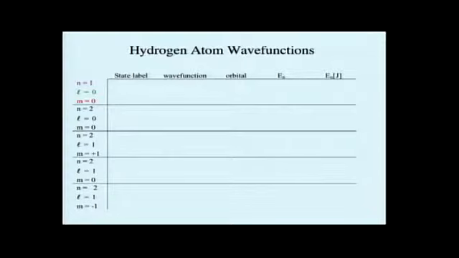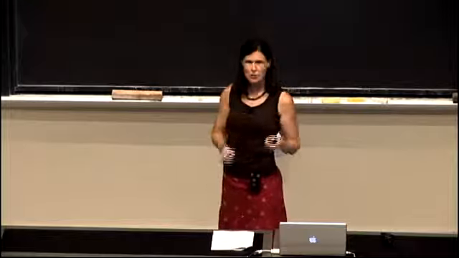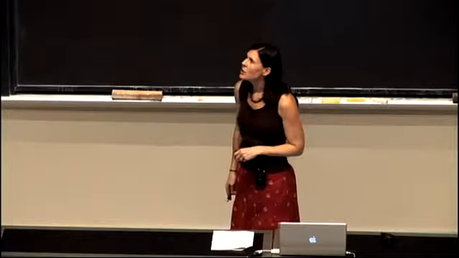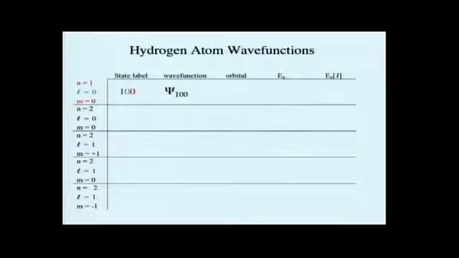All right, so let's look at some of these wave functions and make sure that we know how to name all of them in terms of orbitals and not just in terms of their numbers. Once we can do that, we can go on and say, okay, what actually is a wave function? But first, we need to know how to describe which ones we're talking about. So we saw that our ground state wave function is 1, 0, 0. We can write that as the wave function psi 1, 0, 0.